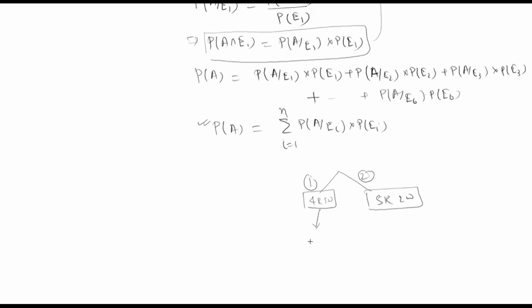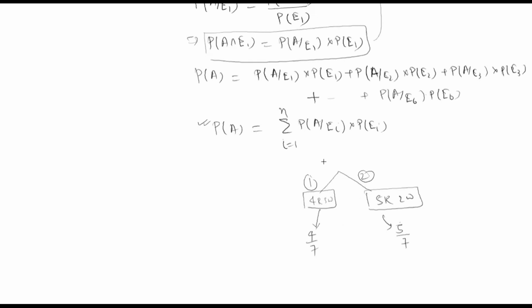From bag one, the probability of drawing a red ball is 4/7, while from bag two, the probability of drawing a red ball is 5/7. What they are interested in knowing is the total probability of drawing a red ball.